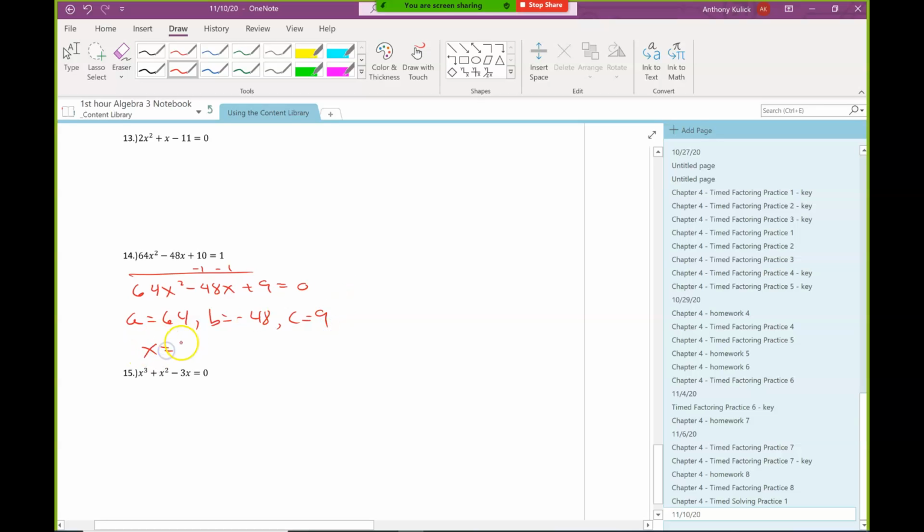And the quadratic formula is x equals negative b plus or minus the square root of b squared minus 4ac all over 2a. So I'll just plug those values in. So I have negative of negative 48 plus or minus the square root of negative 48 squared minus 4 times 64 times 9 all over 2 times 64.